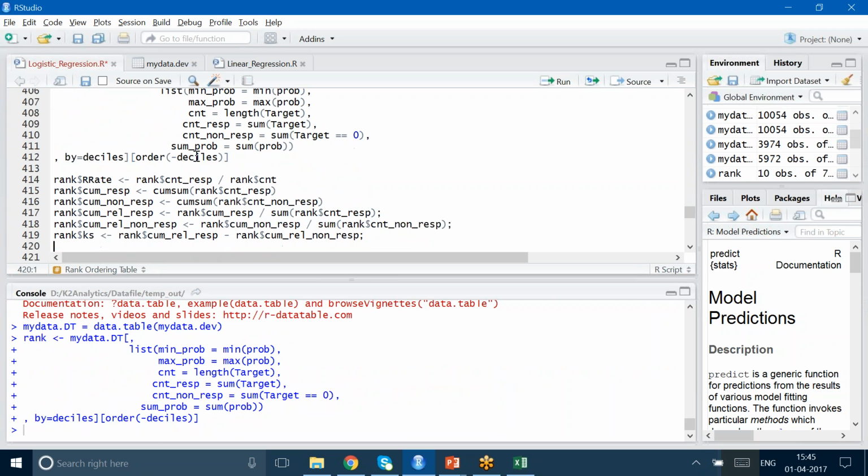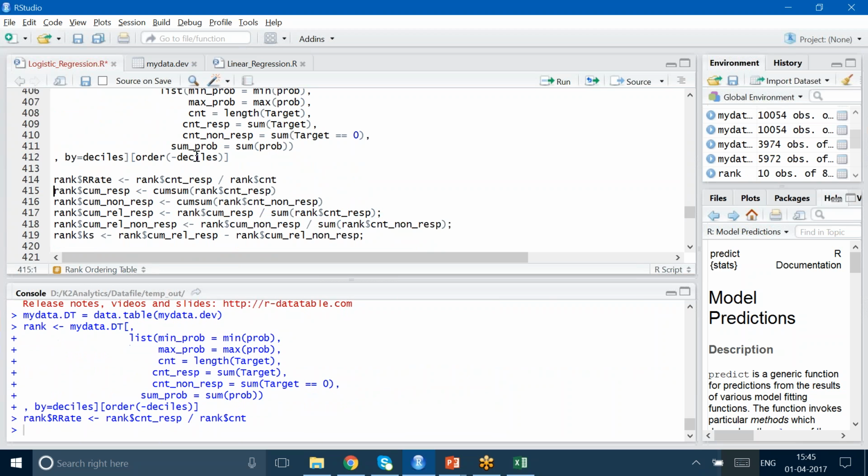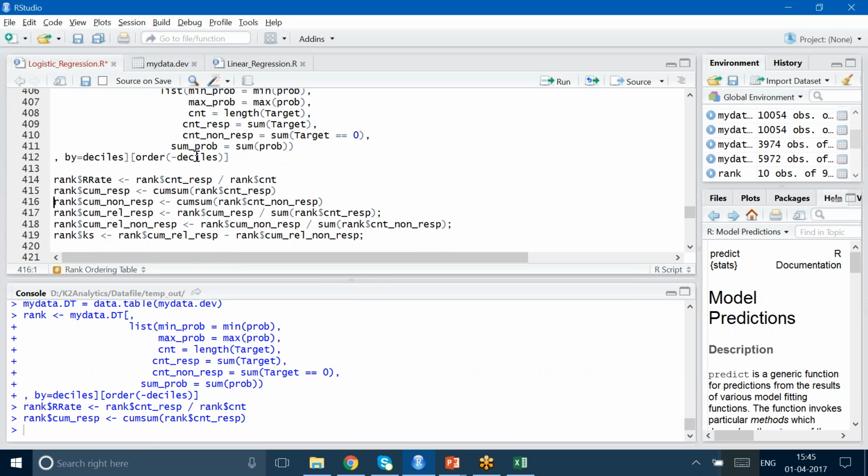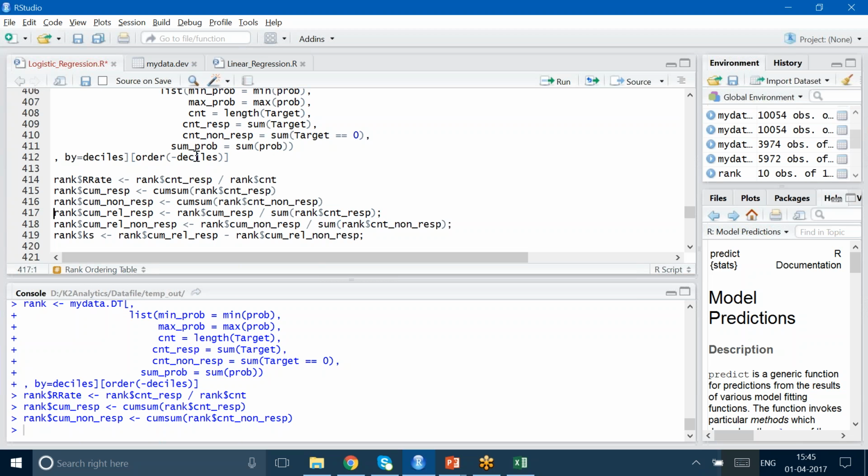Then I showed you various calculations. Responders divided by count is response rate. Then cumulative responders, cumulative non-responders, cumulative relative response, which is responders. So I'm now computing relative percentage.